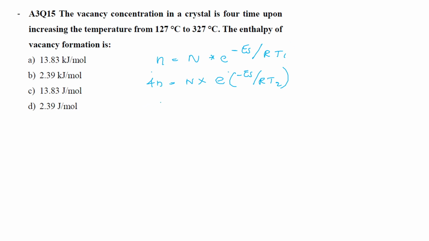Should it be R or K? It's normally taken as R. The formula is actually Qv by KT, no? The formula is Qv by KT. Here you have to take this R value.